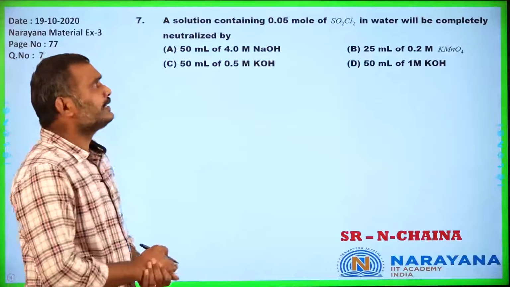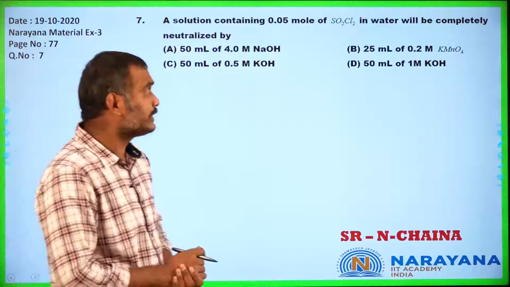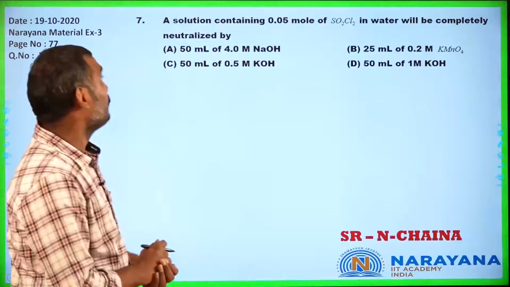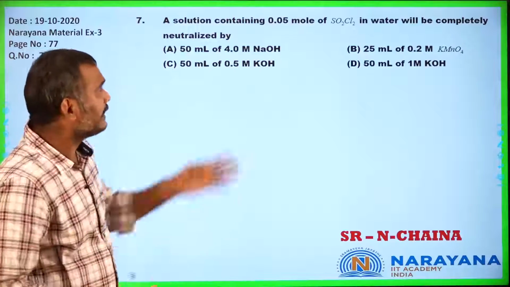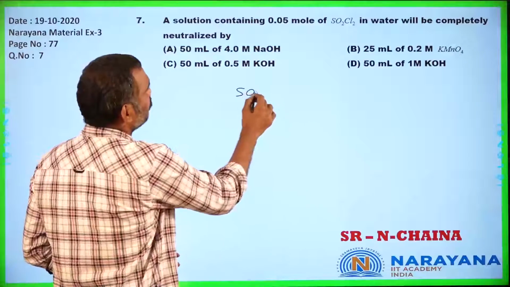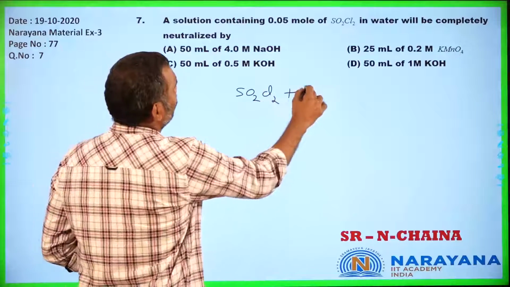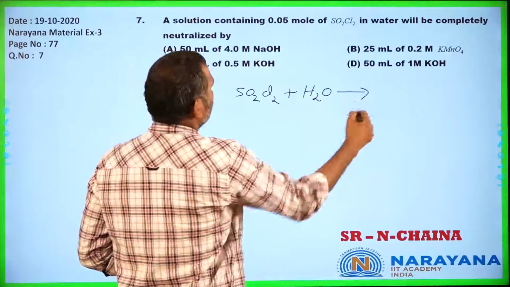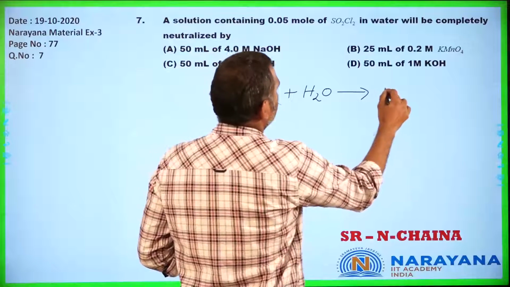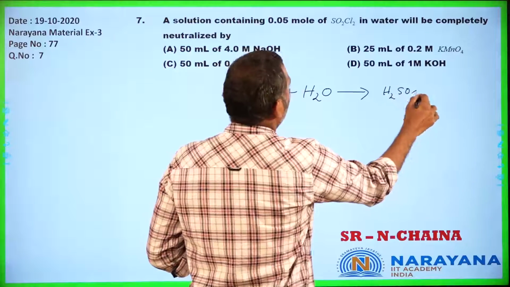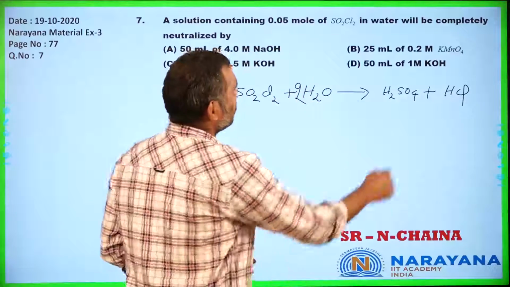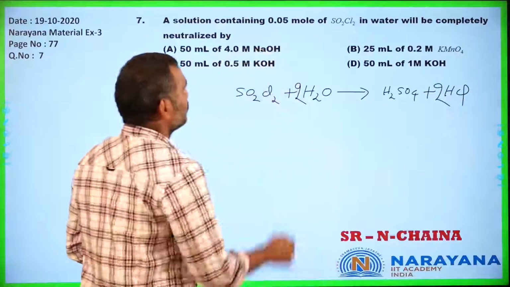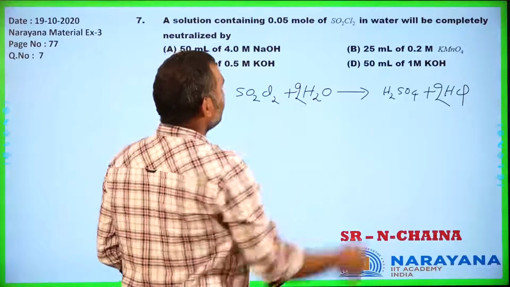A solution containing 0.05 moles of SO2Cl2 in water will be completely neutralized by, yes students, you take that SO2Cl2, which on reaction with water produces H2SO4 plus 2HCl.